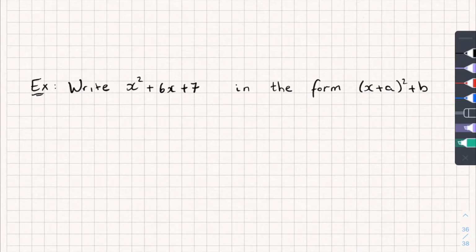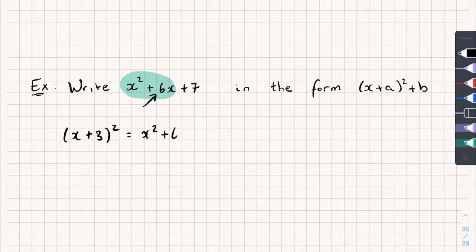Exactly the same thing. Look at the first two terms. Okay. Now we can write x plus, well, half of the coefficient of x, so plus 3, and square that. Now I'm just going to expand it, but if you want to do it yourself and check how this works, you can. But we're going to get x squared plus 6x plus 9, and you'll notice the first two terms are the exact same. The only difference is these last constant terms.